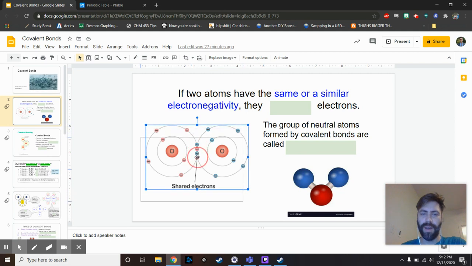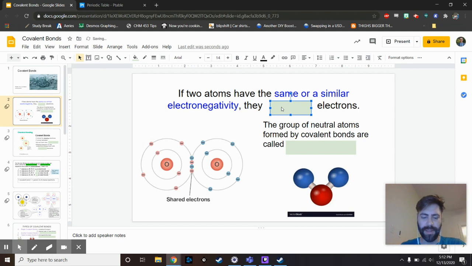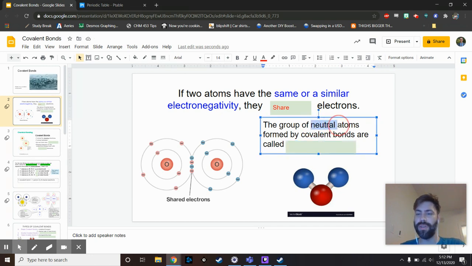There's one, two, three, four electrons that are being shared. Okay, so they share. Let me make it red. Atoms share electrons, and the structure that is formed when covalent bonds are shared is a molecule. The keyword here I want you to see is neutral.